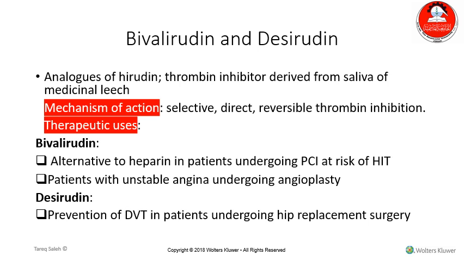Desirudin is used to prevent deep venous thrombosis (DVT) in patients who are undergoing major surgeries, especially hip replacement surgery. Remember that these orthopedic surgeries involving large bones or large joints, such as the hip joint or the knee joints, are usually associated with a prolonged period of immobilization.